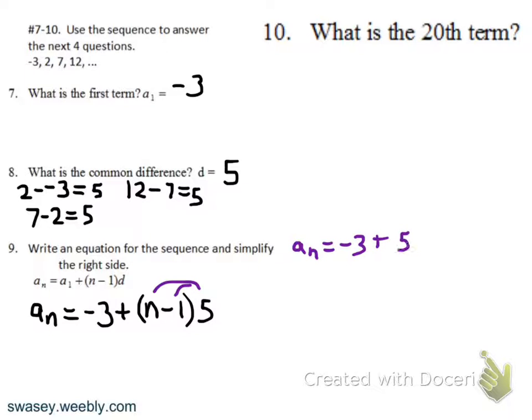Five times n is 5n, 5 times -1 is -5. Now we want to simplify this right side, so we're going to switch the order here. Commutative property of addition allows us to do that. Now we're going to combine those constants with like terms. -3 minus 5 is -8.